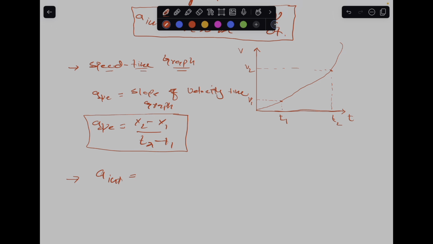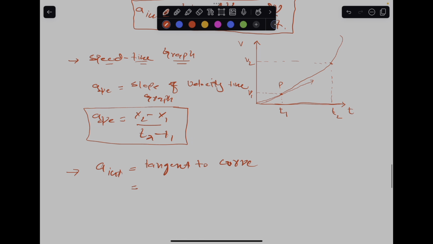Like what we did in the velocity section, we take a tangent to the curve at that point P. At any point we can take a tangent to that curve, and it will give you the instantaneous acceleration.